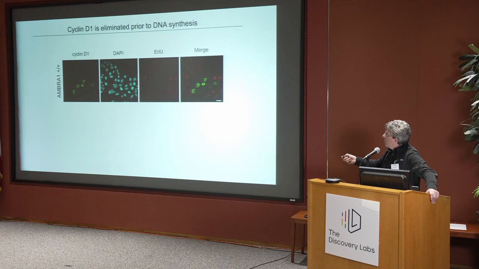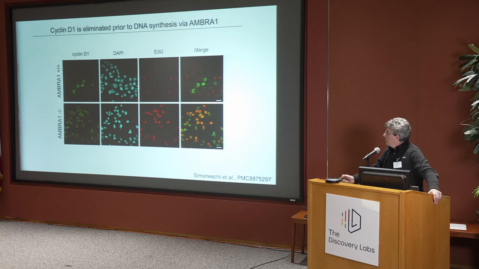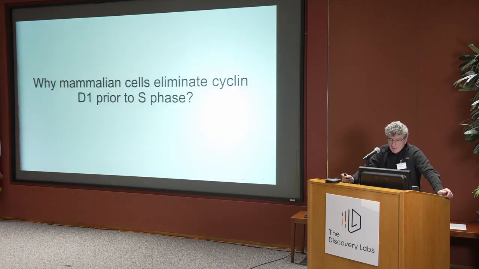So cyclin D1 is eliminated prior to DNA synthesis. In parental cells, if you remove AMBRA, now it will be present in all cells.